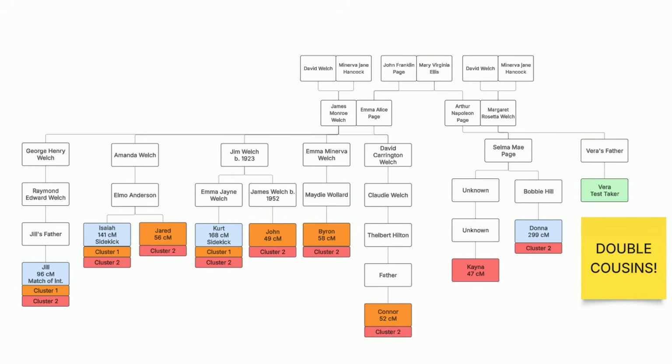Because of this, all of the descendants who are matches with Vera, who's a descendant of Arthur and Margaret Welch, are double cousins with her because they all have the two ancestral couples. That's going to complicate the cluster chart analysis a little bit, but it's important to know that and to figure that out.